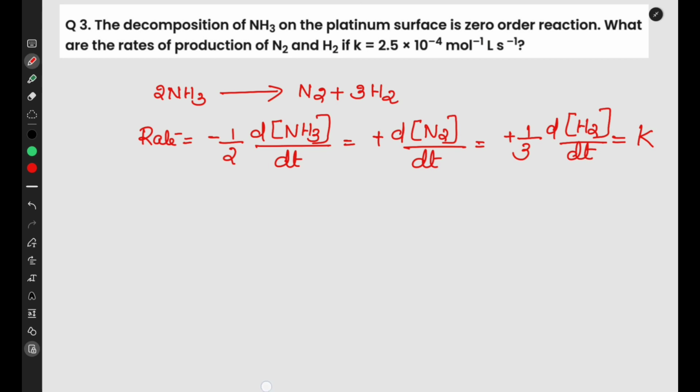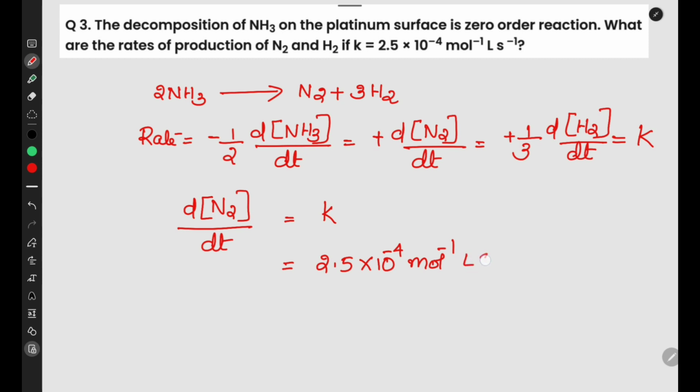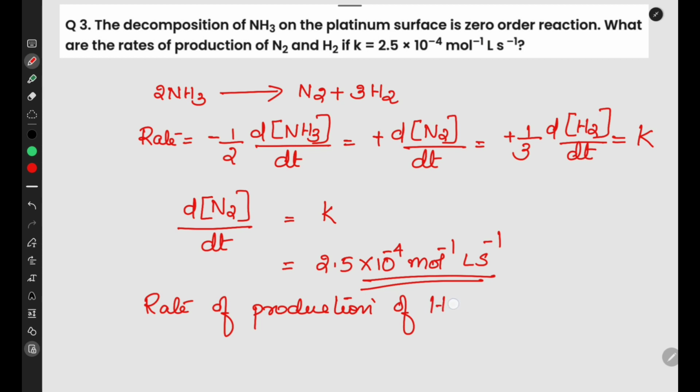Now let us find out rate of production of N2. Rate of production of N2, so we can equate d N2 by dt is equal to K. Here K value is given as 2.5 into 10 raised to minus 4 mole raised to minus 1 liter second raised to minus 1. Now rate of production of H2.